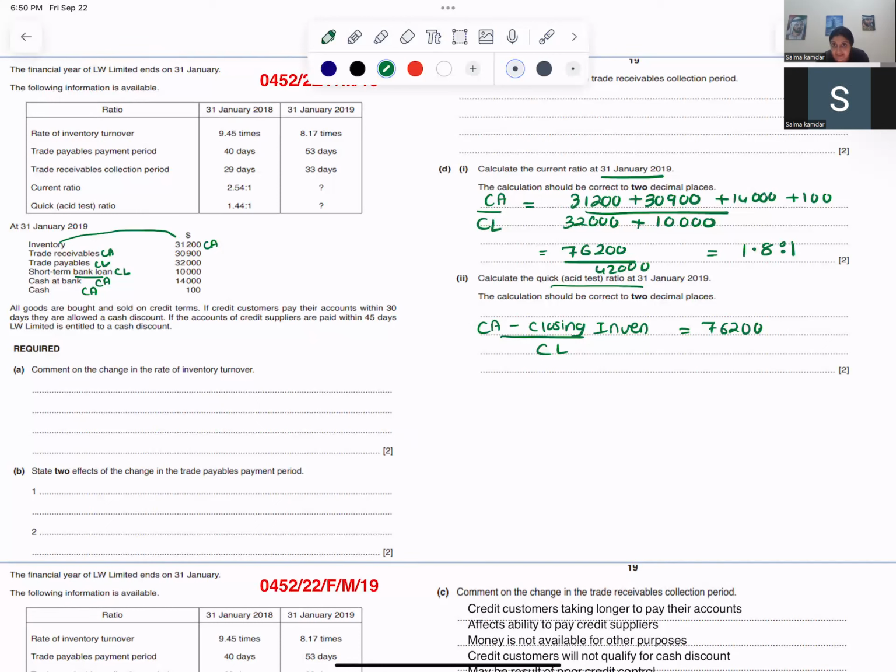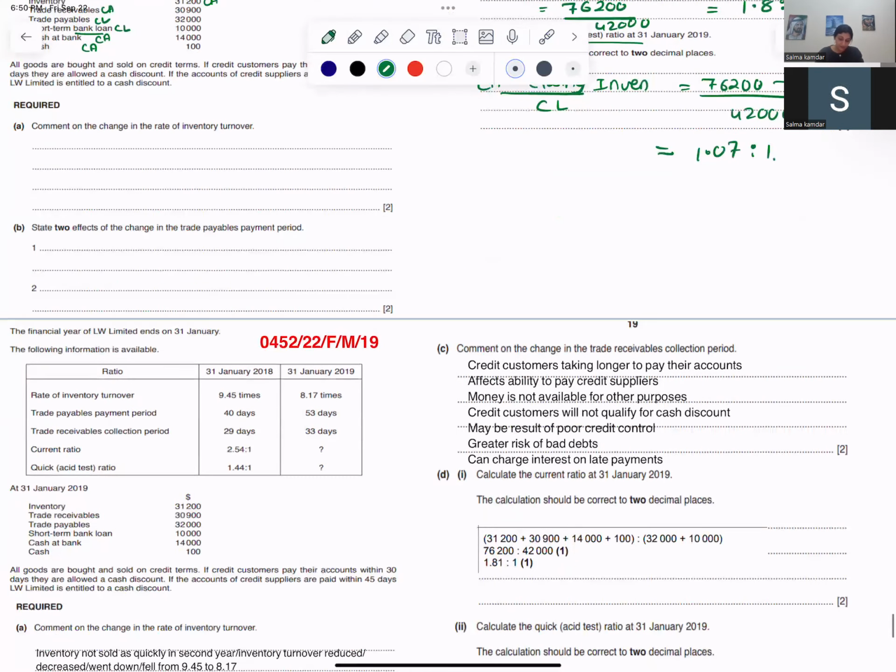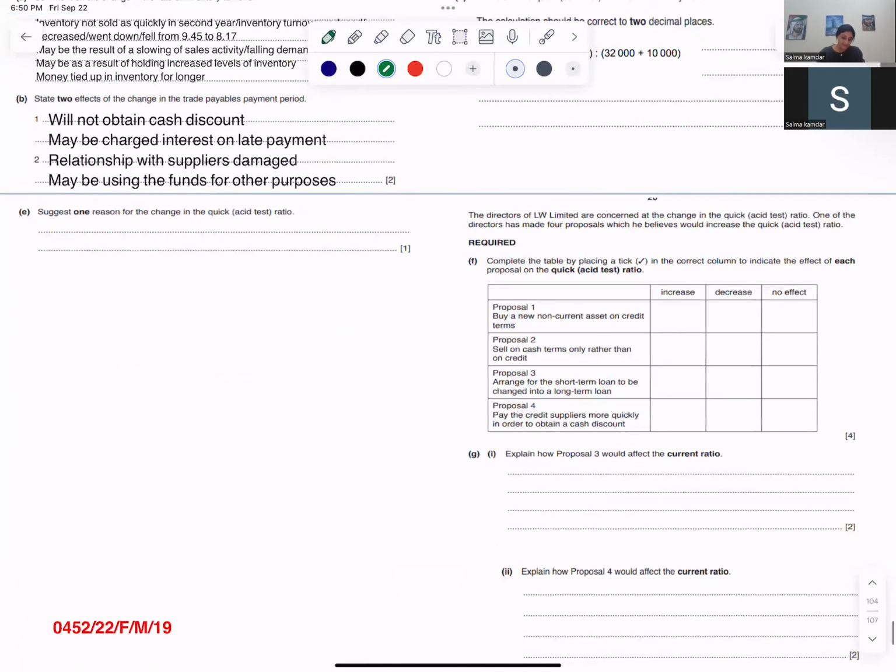So I will minus this 31,200 over current liabilities, which is 42,000. So I will get my quick ratio as 1.07 is to 1. Okay.